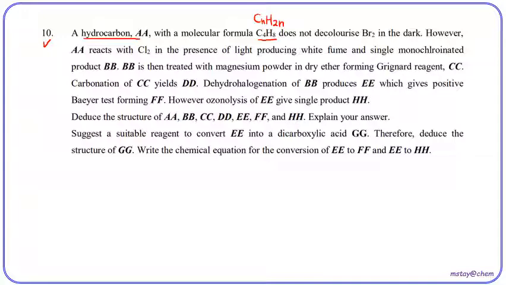There are two types of compound that can have the general formula CnH2n: one is cycloalkane and the other is alkene. So how are we going to decide? We have to read the information. Does not decolorize bromine in the dark. From this statement, we know that the C4H8 is the cycloalkane.